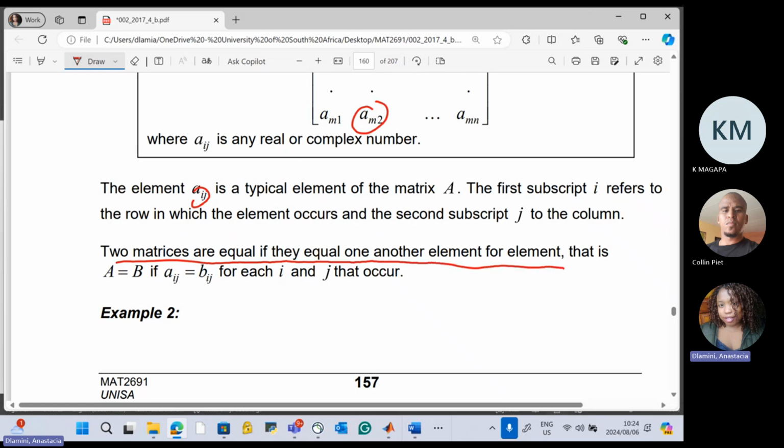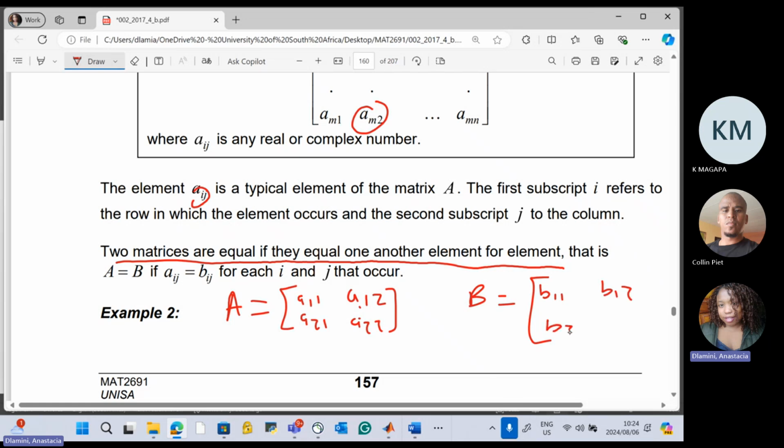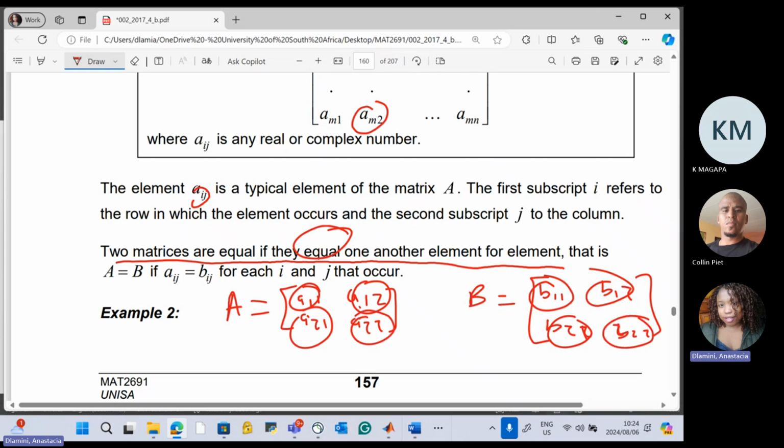That is, if you have a matrix A, let's say you have A11, A12, A21 and A22, and a matrix B with B11, B12, B21 and B22, you say these matrices are equal if this is exactly the same as that, this is exactly the same as that, and so on. Then you say two matrices, whether 2, 3, or 4 matrices, are equal if all of the corresponding elements are equal.